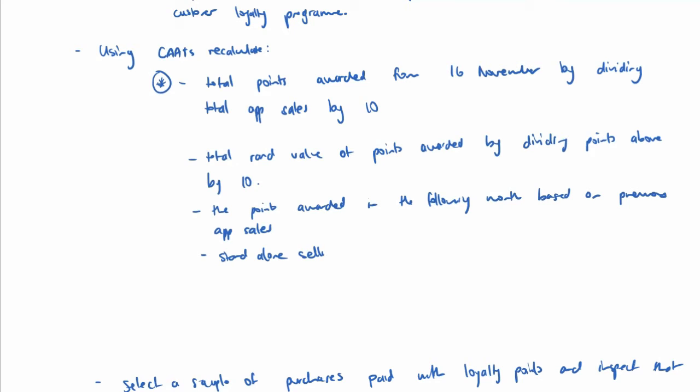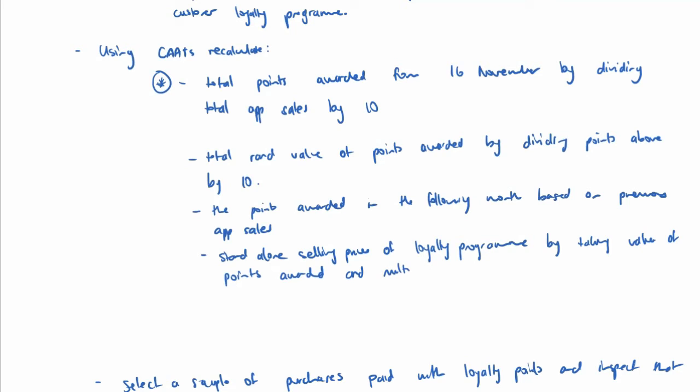So I'm going to recalculate the standalone selling price of the loyalty program by taking the value of the points awarded and multiplying by the 85%.